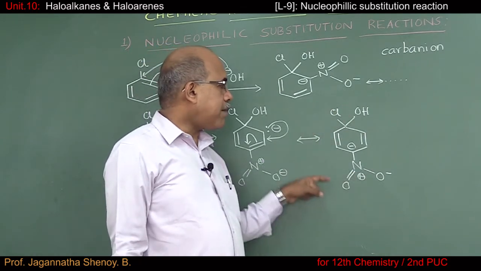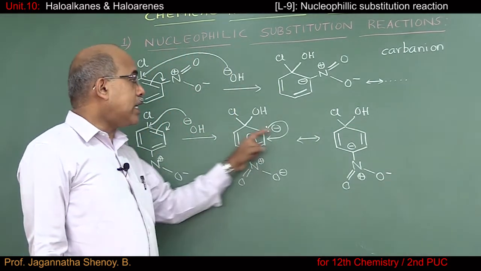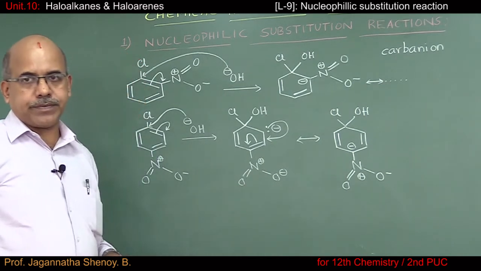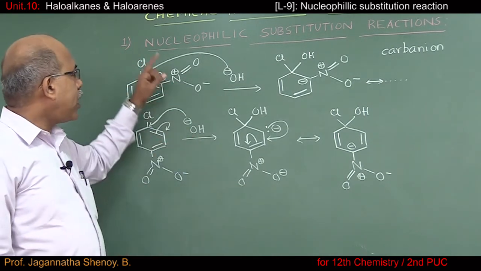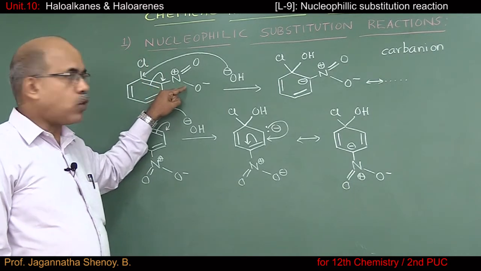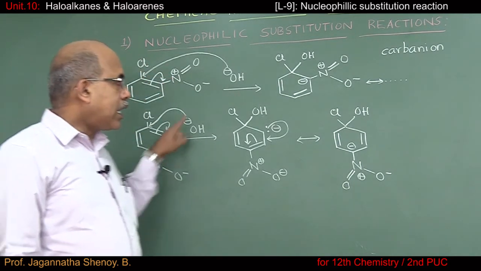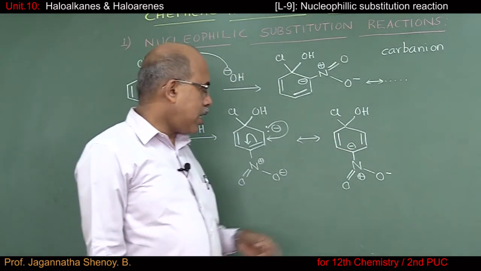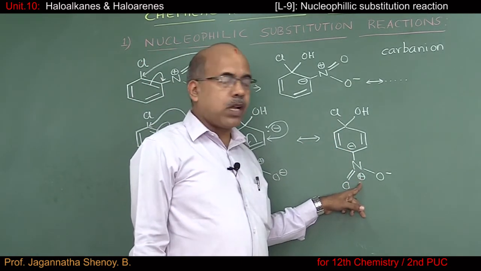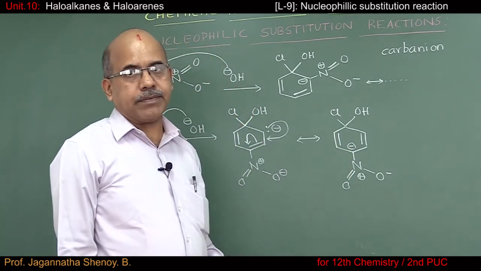Stability of this carbanion is increased. Hence, the reaction proceeds in the forward direction. So, because of this, I can say that whenever we have electron withdrawing groups at ortho and para position, the resultant carbanion is stabilized because the electron withdrawing group causes the dispersal of the negative charge effectively.